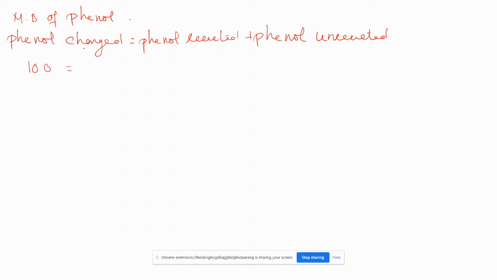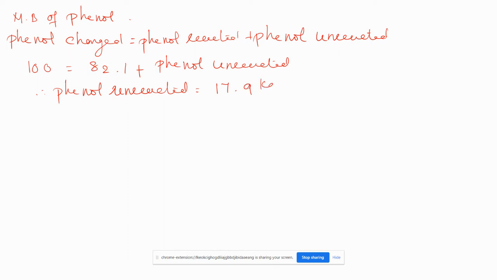So phenol charged is 100, phenol reacted is 82.1. Therefore phenol unreacted is equal to 100 minus 82.1, you will get 17.9 kgs. Okay, next is we have to find the nitric acid unreacted.